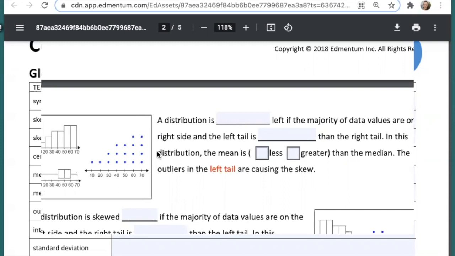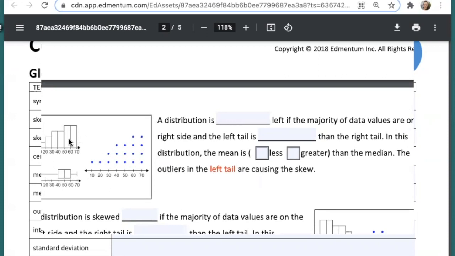And I always have to think of this backwards. These are more leaning to the right, so they're skewed left, meaning the tail, the low end of it, is to the left. So these are skewed left.